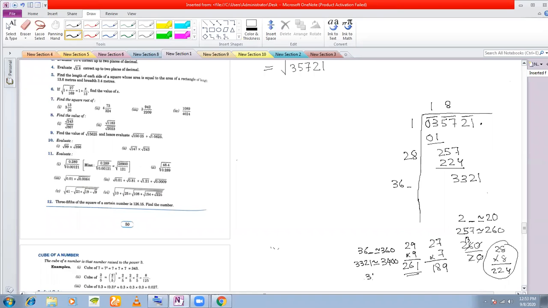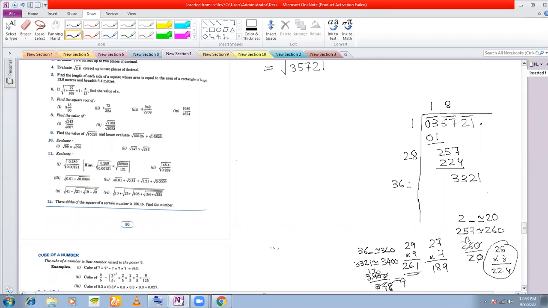So now if you divide 3400 by 360, what is the approximate quotient that you get here? So you get approximately 9. Okay, the quotient is 9.